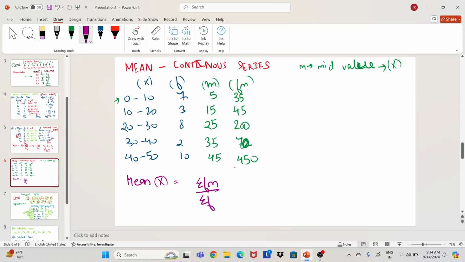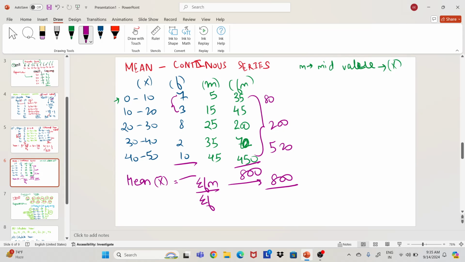Summation fm is nothing but the addition of all the values of fm. So 35 and 45 give 80, 450 and 70 give 520, and then this is 200, so this is 800. Summation fm comes out to be 800, and summation f is 10, 10, and 30.